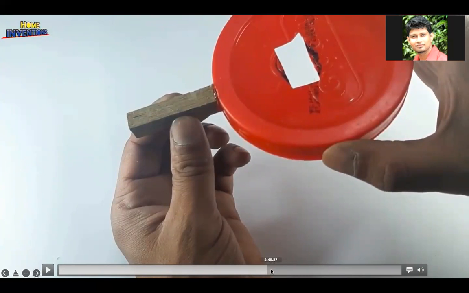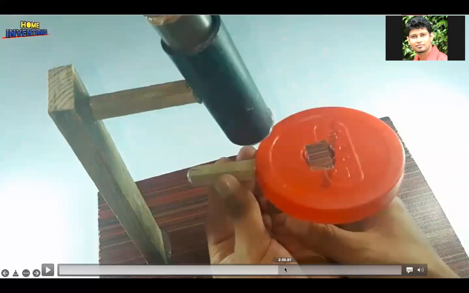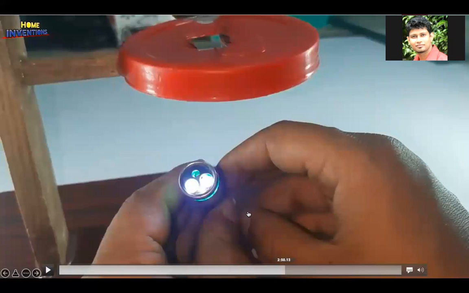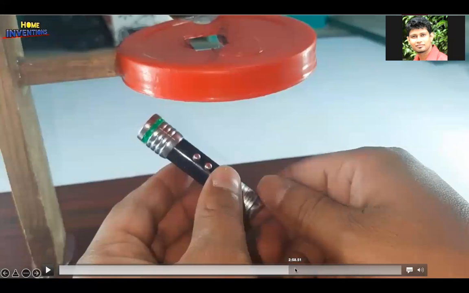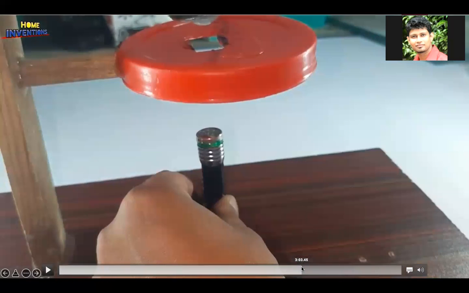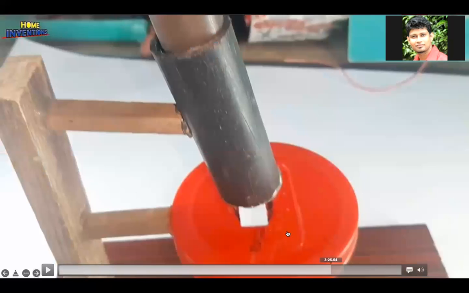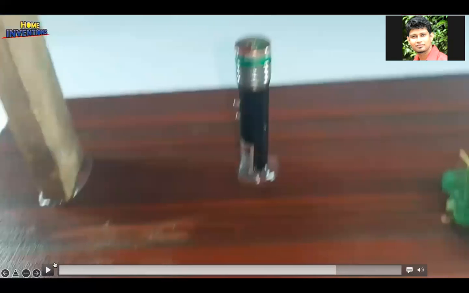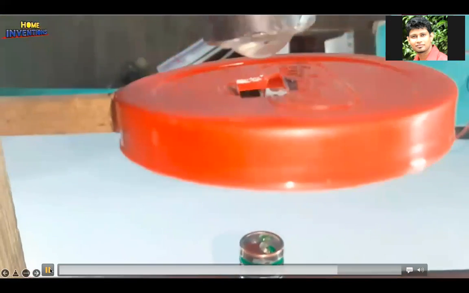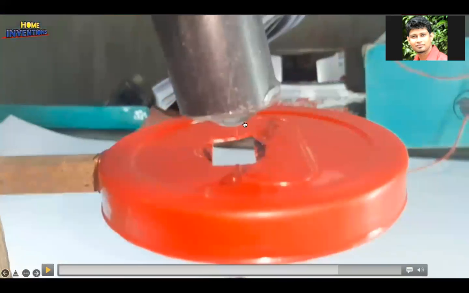This hole lets the light travel. This is a small LED light. When you set the light, you can see the light is going to the lens through this hole.